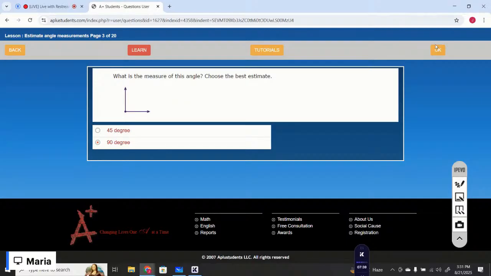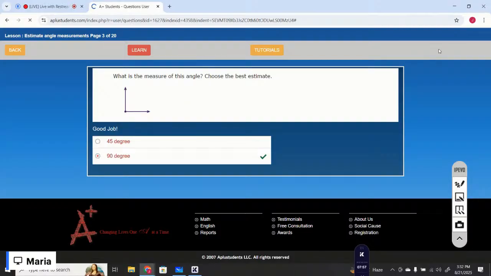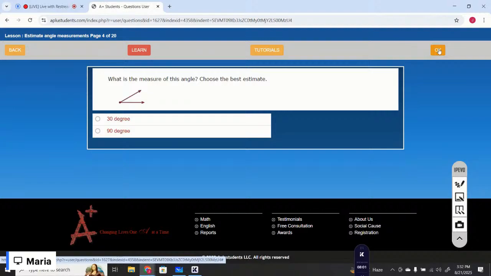What is the measure of this angle? 30 degrees it is. Option number one is the correct option.